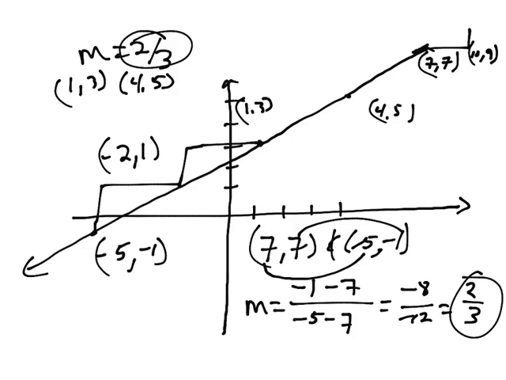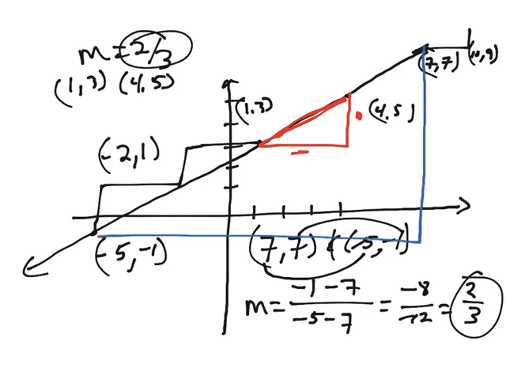It's always going to give you the same number for a single line, because in the first calculation when we did (1, 3) and (4, 5), we did the rise over the run. And then in the second one, I did (7, 7) and (-5, -1), and got that rate of change for this rise over this run.